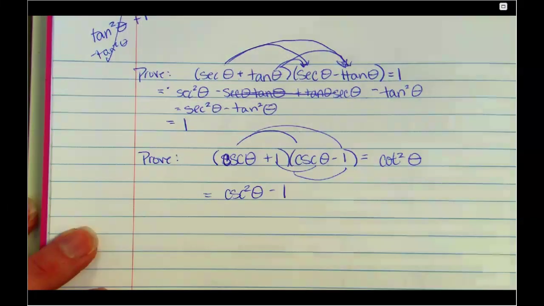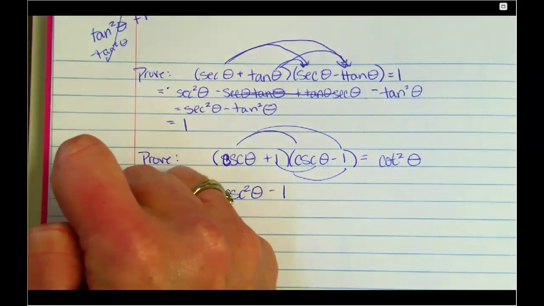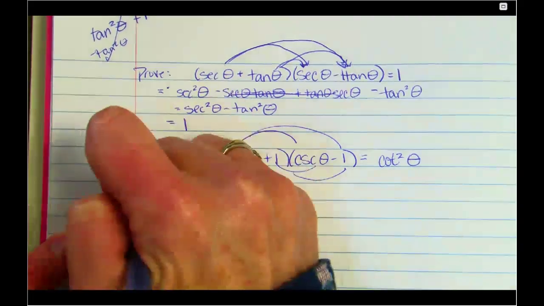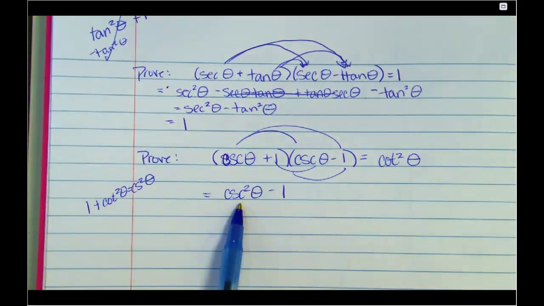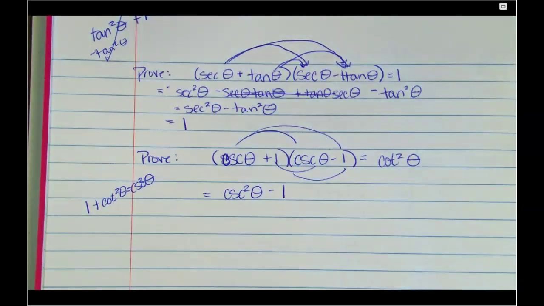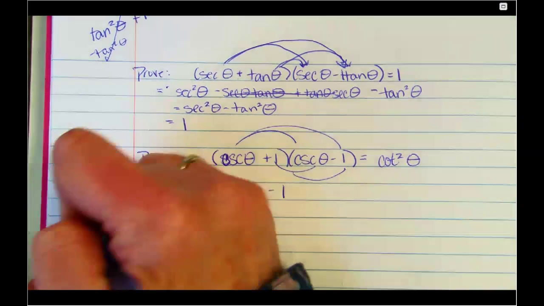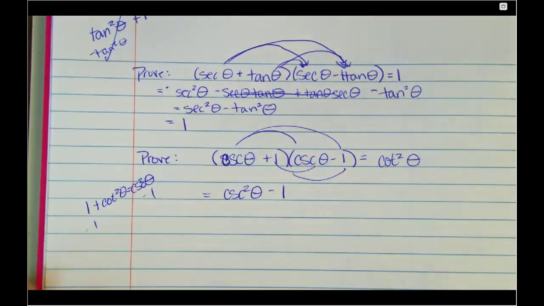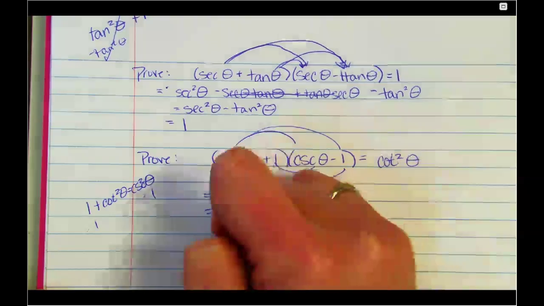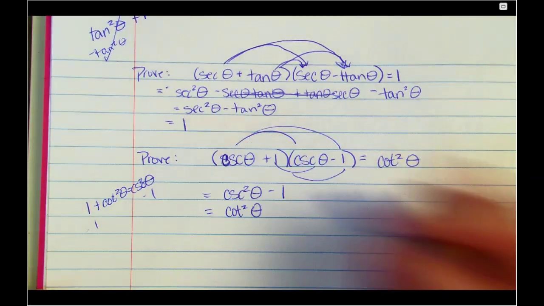This is the second of the little dogs. So 1 plus cotangent squared is equal to cosecant squared. But I'd like that to be equal to cosecant squared minus 1. Can it do that? Subtract the 1, right? What's that equal to? Yeah, cotangent squared. And you're done.